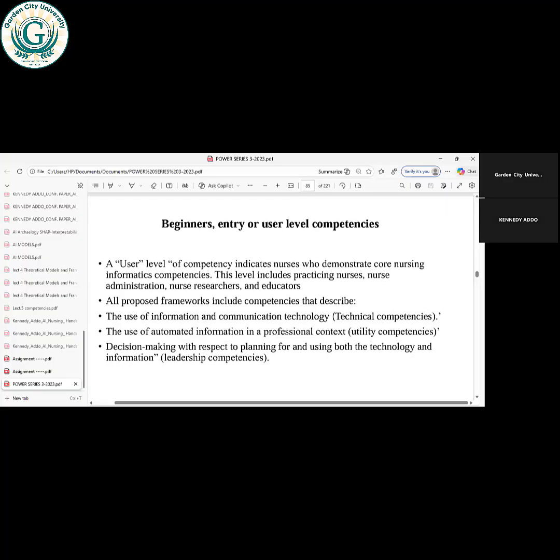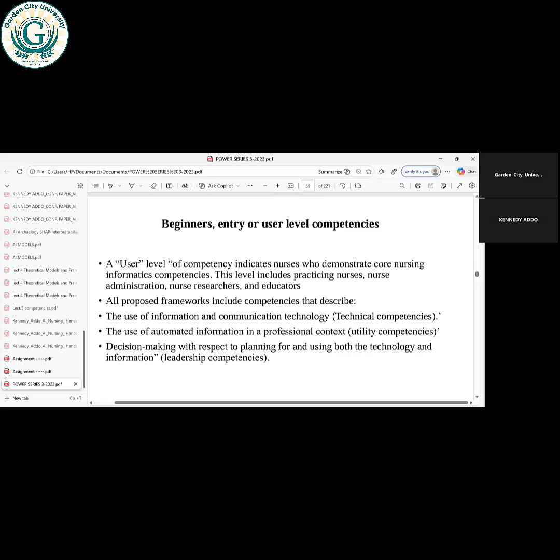Aside from this, we are going to also look at the use of information and communication technology. So that is technical competency. We will look at whether a beginner possesses technical competencies, and whether a beginner possesses utility competencies. If you are able to bring to bear some of the things that you have learned in a professional context, like using an information system to manage your patient, that confirms utility competencies.